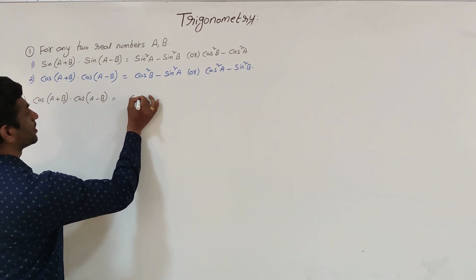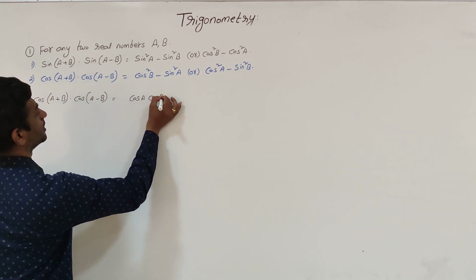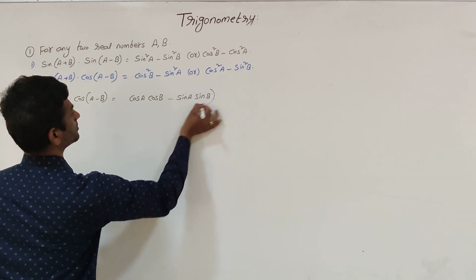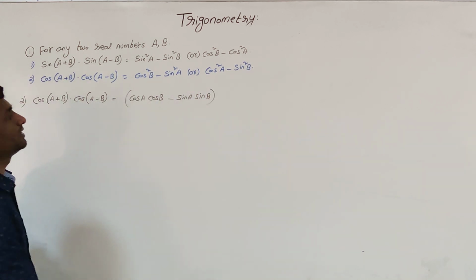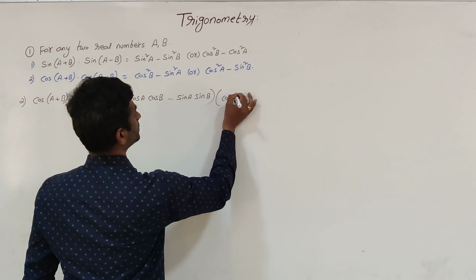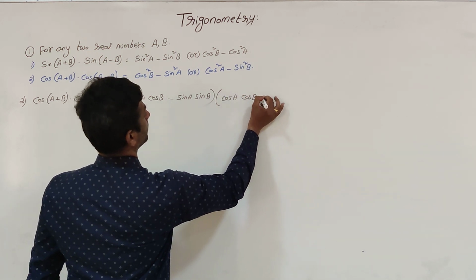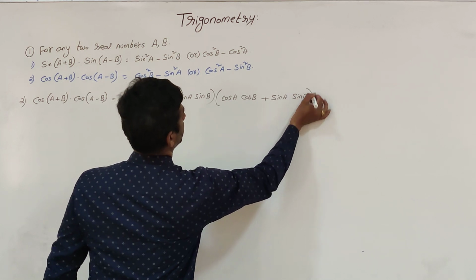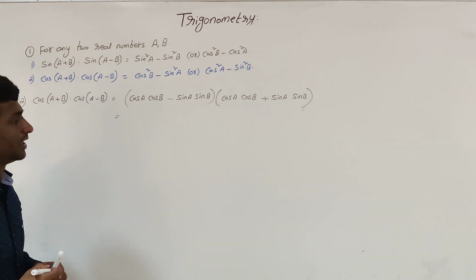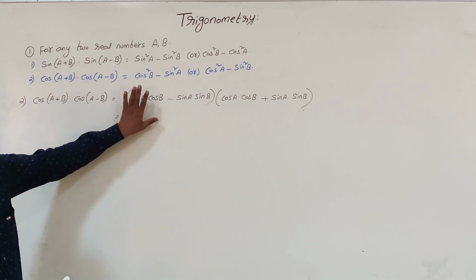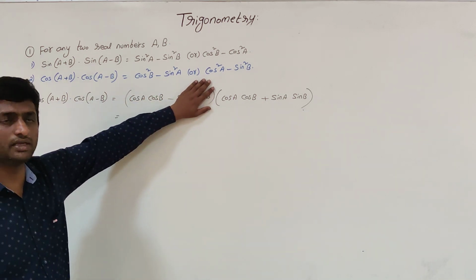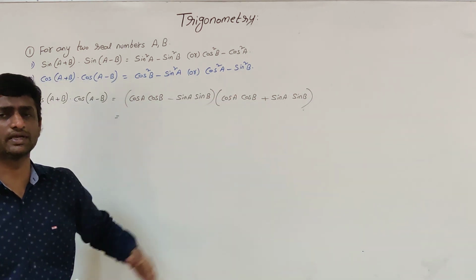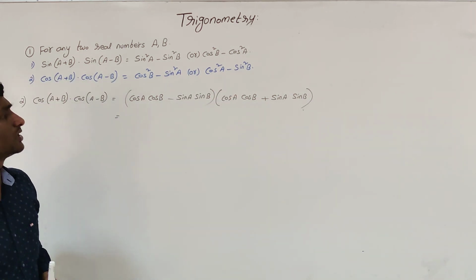It will be cos A cos B minus sin A sin B, into cos of A minus B, which gives cos A cos B plus sin A sin B. Again, it is in the form of x minus y into x plus y. It gives what? x square minus y square.